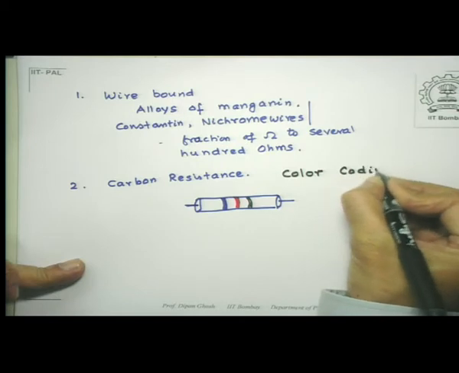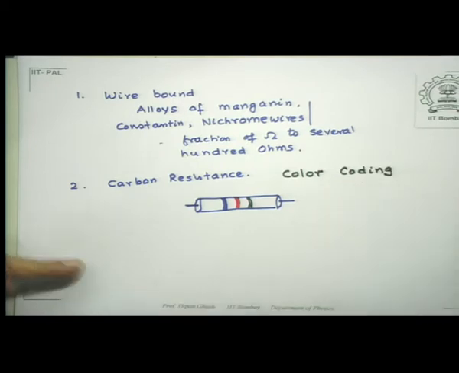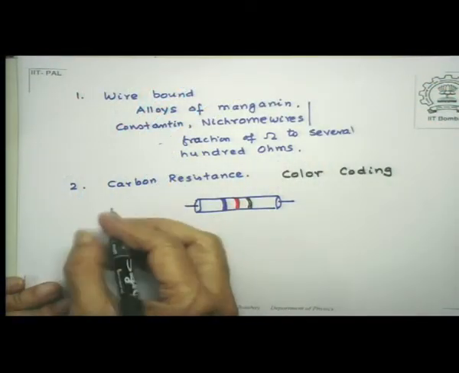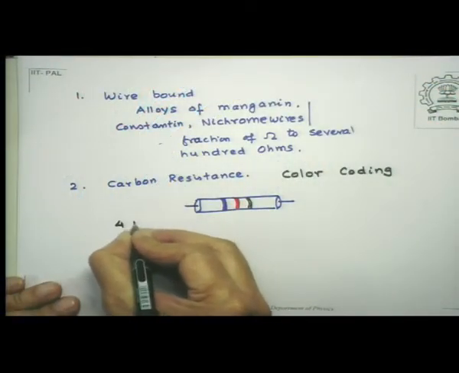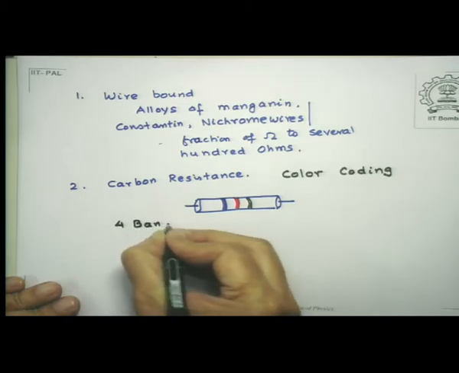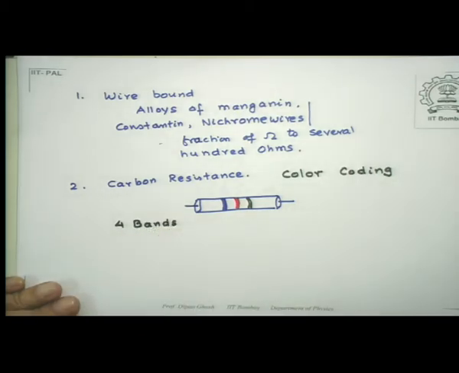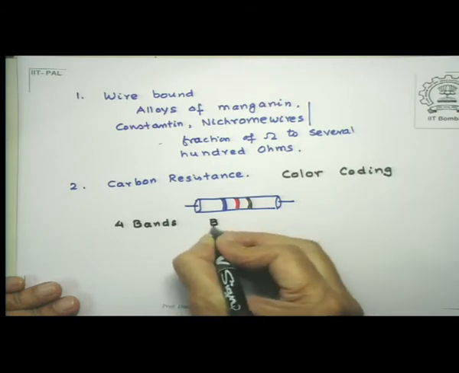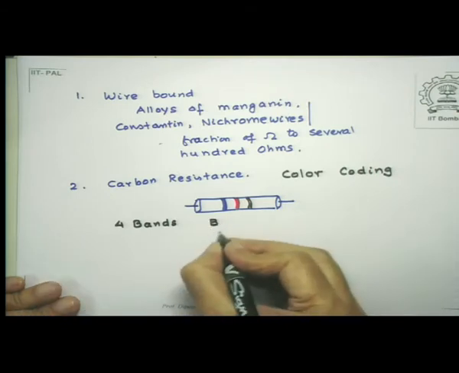So let me explain how this color coding works. Most of the time, the resistances that you find in your labs have 4 bands. So there are 4 bands of colors, and the way it works is this. The colors that are used here are black. I will explain some way of remembering them.